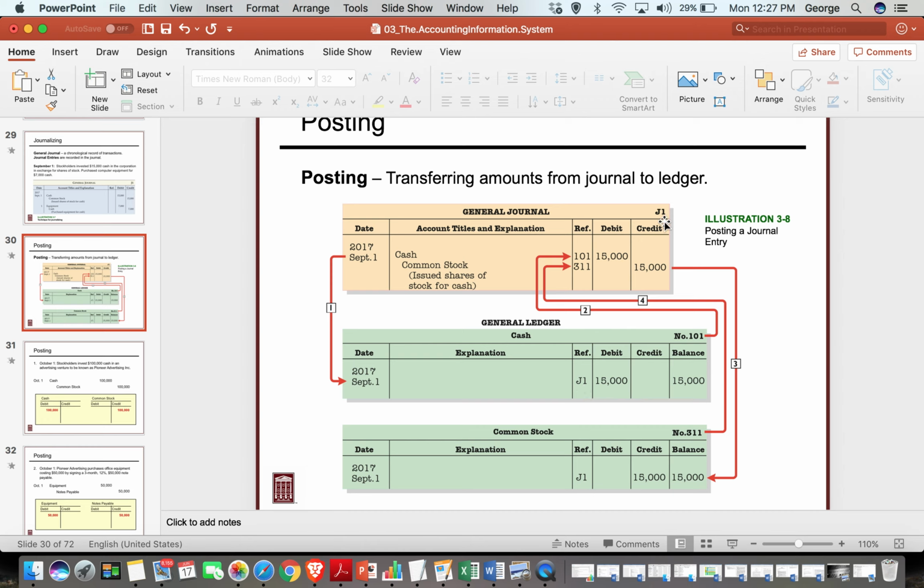General journal says J1 here, and that's simply a way to trace from the ledger back to the journal. Then we post our amounts. So cash now has a balance of 15,000, and common stock has a balance of 15,000.